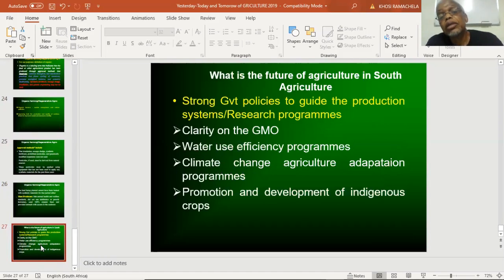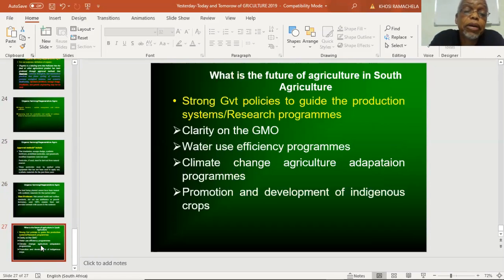Okay, so what's the future of agriculture in South Africa? Well, strong government policies to guide the production systems, also research programs that would bring clarity on the use of GMOs.